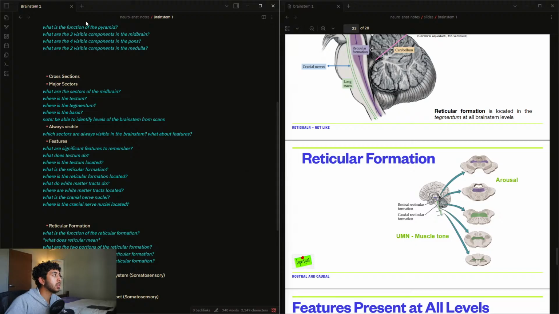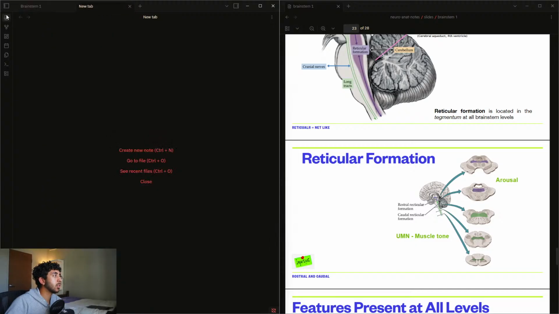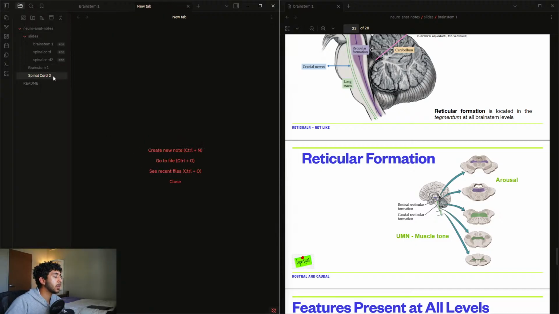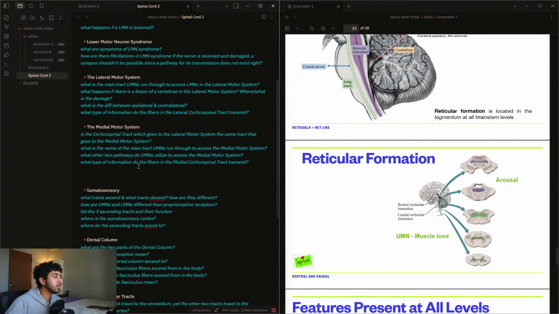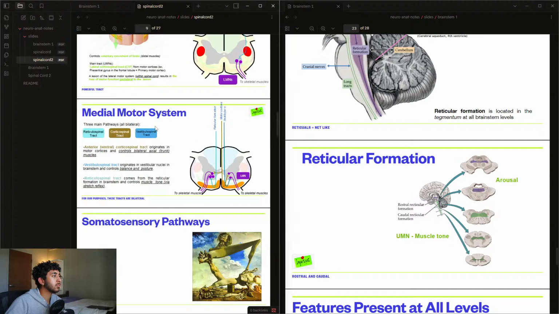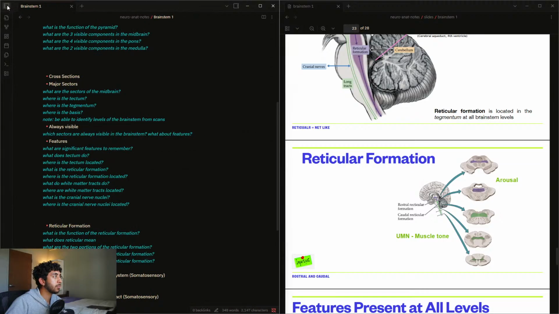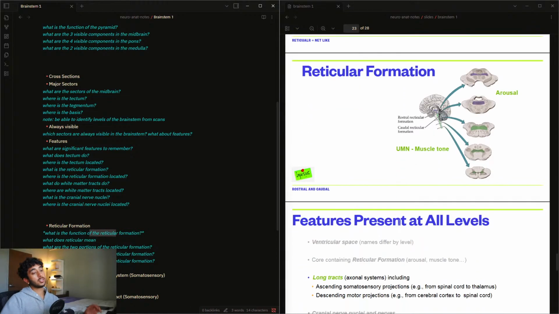I thought the one that was it was reticulospinal tract for the medial motor system. I think it was reticulospinal. Yeah, it is reticulospinal. Okay. So I'm assuming this is related to something with balance. Tone?